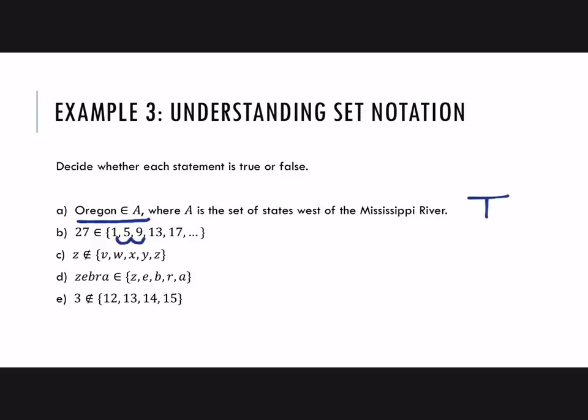Each of these numbers is going up by 4, so I would be able to continue that, and I know that next in the set will be 21, followed by 25, 29, and so forth. And we've skipped right over 27, so I can verify that 27 is not in that set. So this little symbol means it is in the set, so that's a false statement.